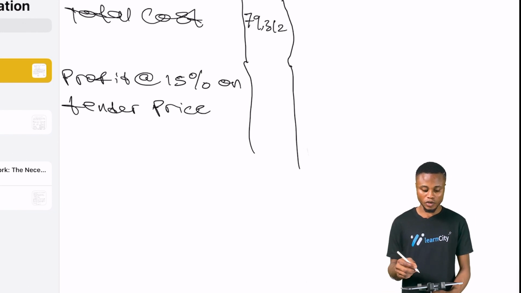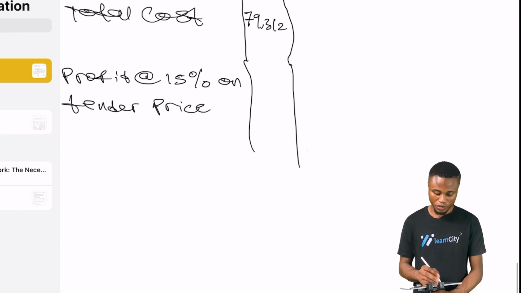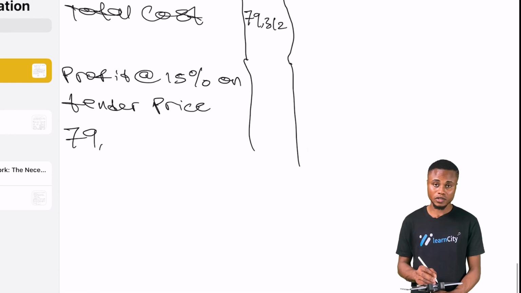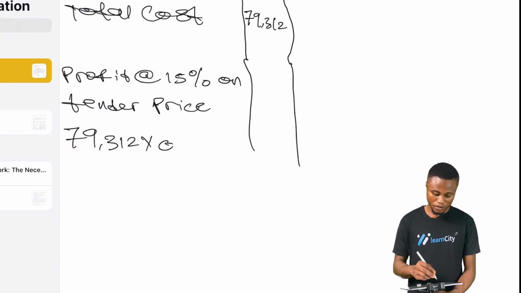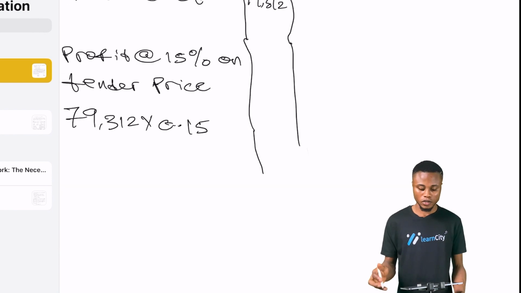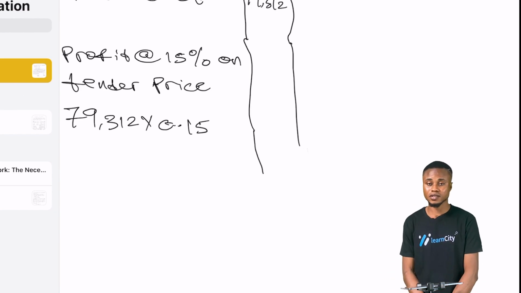So to get our profit on the tender price, the 15% of the total cost is what we are going to use. 79,312 multiplied by the percentage of 15%. If you break down the 15%, it's going to be 0.15. Okay, if you do that on our calculator, we're going to get 13,966.